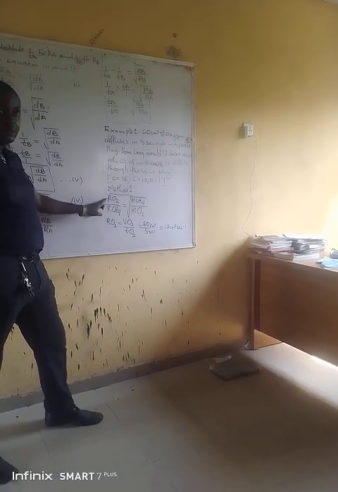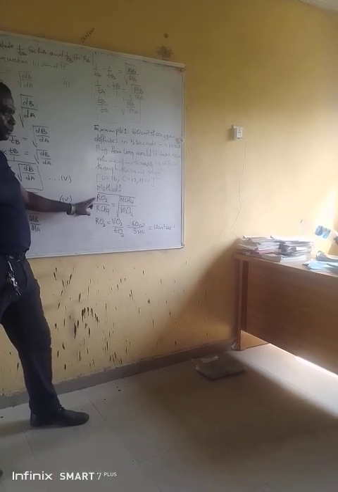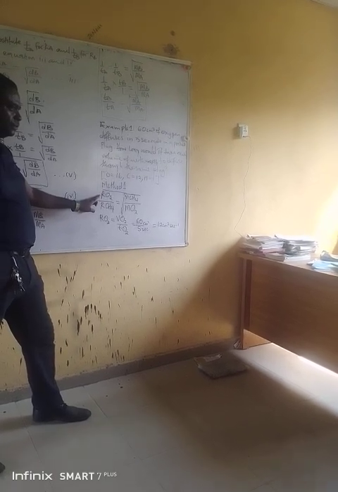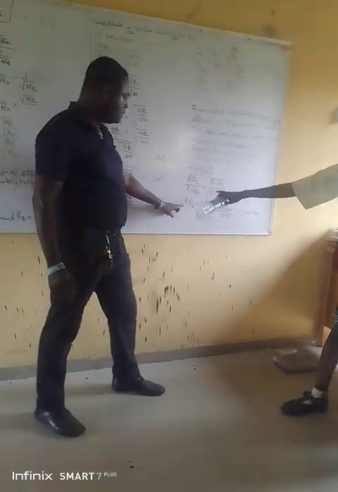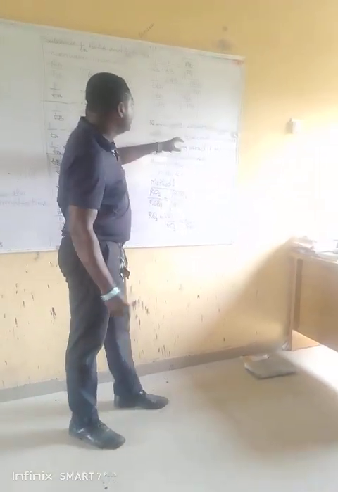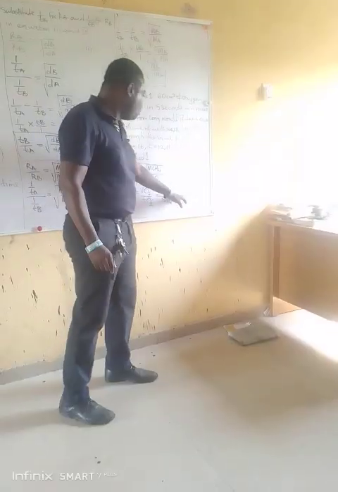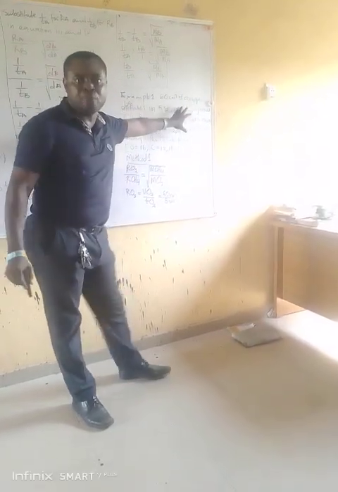So later you will put this one in place of what? RO2. Is there need to put this RO2? They don't give us rates now. The question said 12 centimeter cube per second of oxygen diffuses in a porous plug.